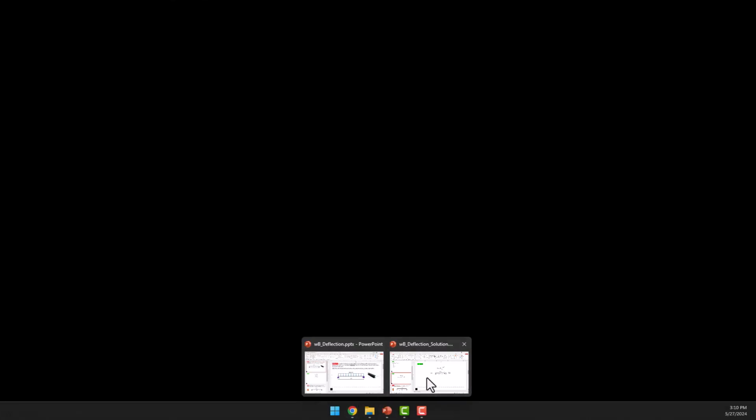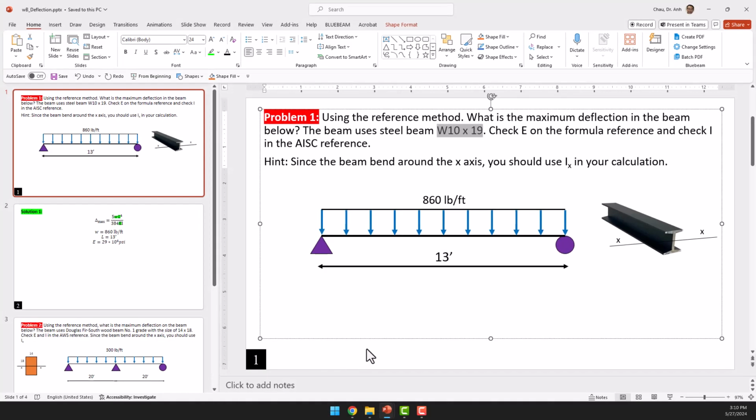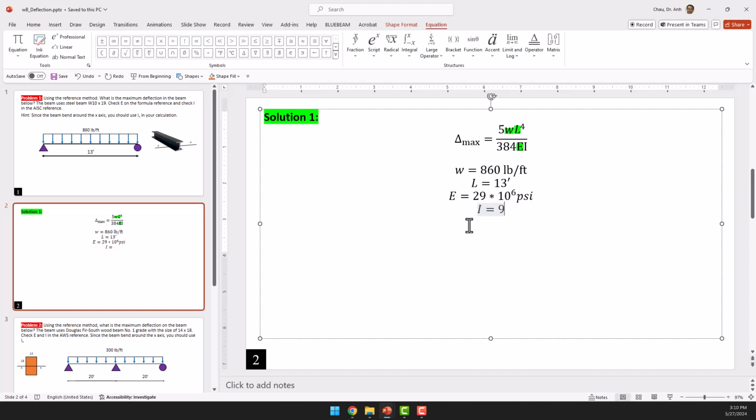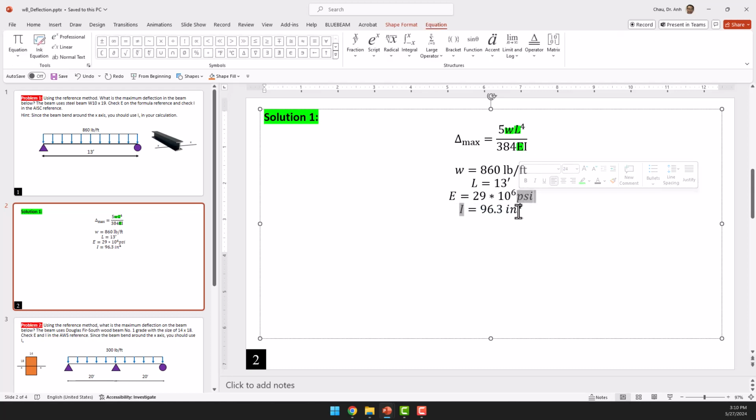So what I'm going to do here is type it over here. We have I equal to 96.3 inch to the power of 4. Because this one is in inches and this one is in feet, we need to convert it to match the other one.